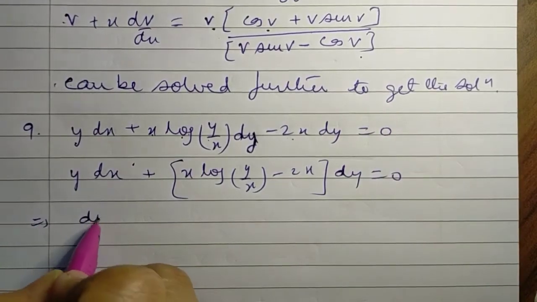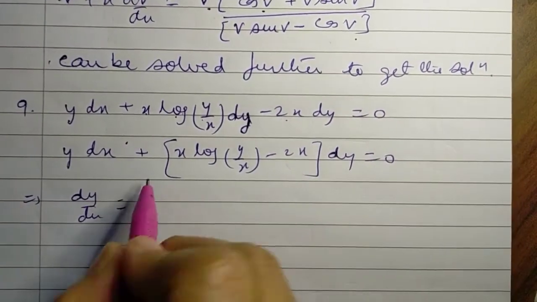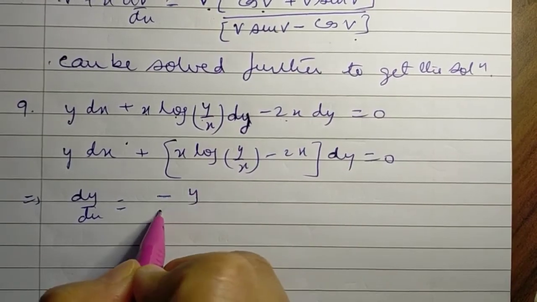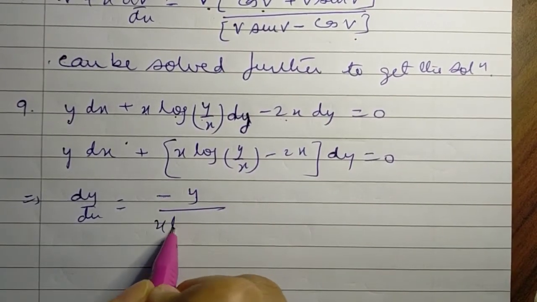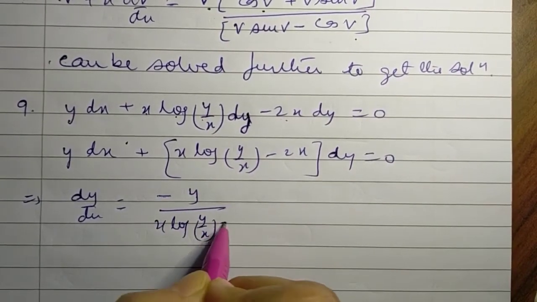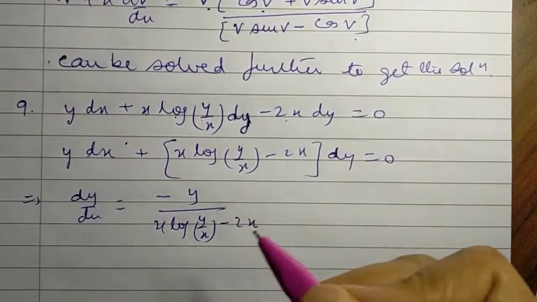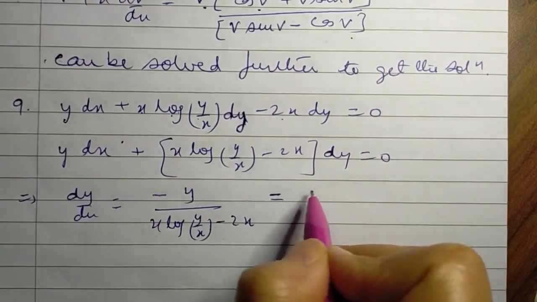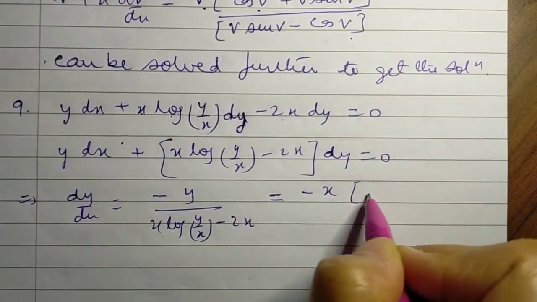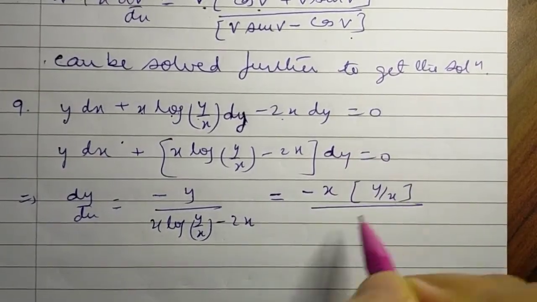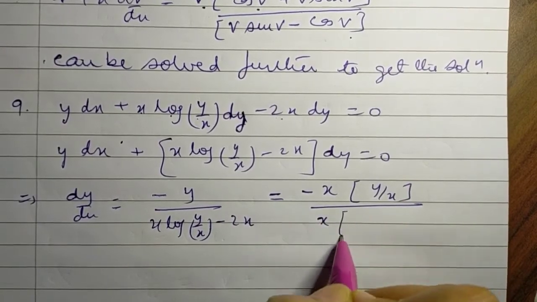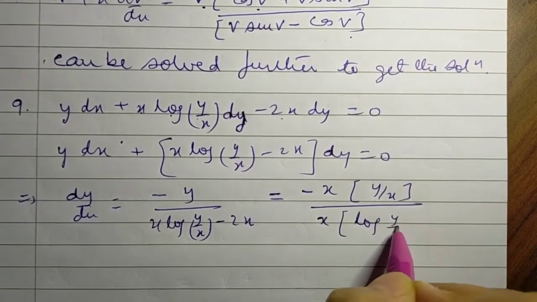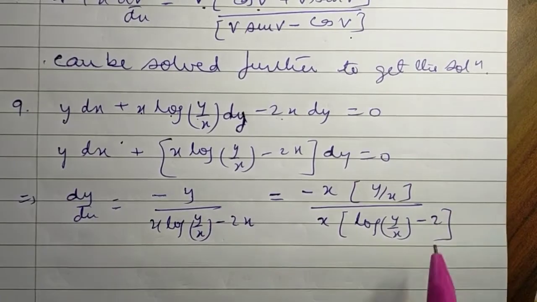Now solve for dy by dx. We get minus y upon x log y by x minus 2x. Here clearly you can take x common from both, so minus x times y by x whole upon, here I take x common, I am left with log of y by x minus 2.